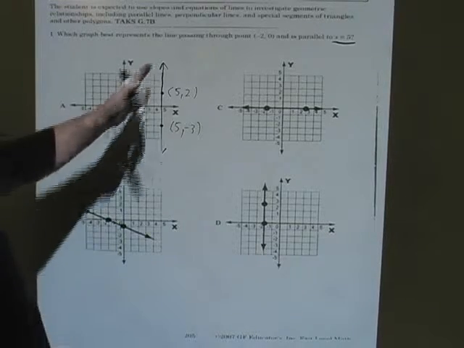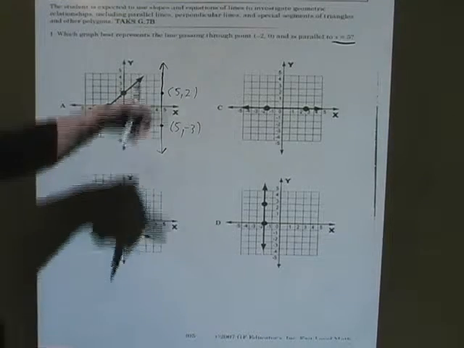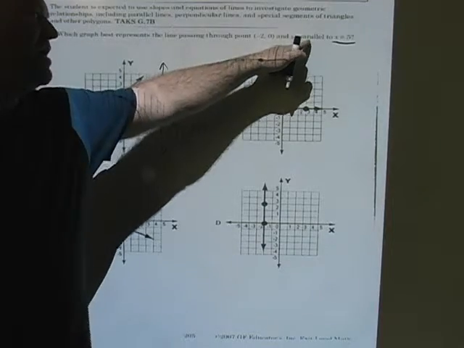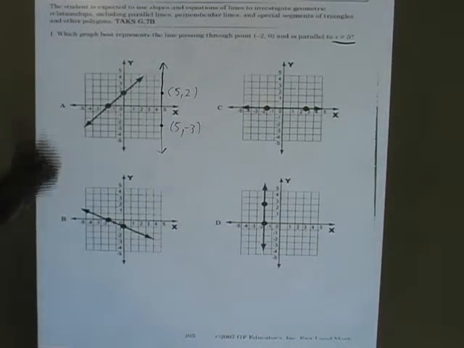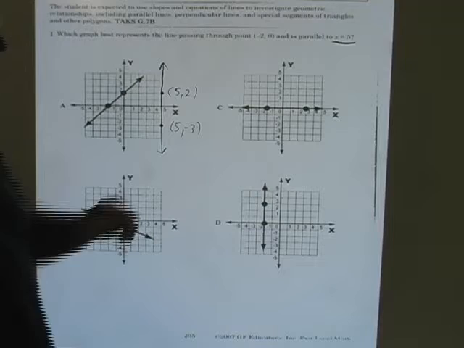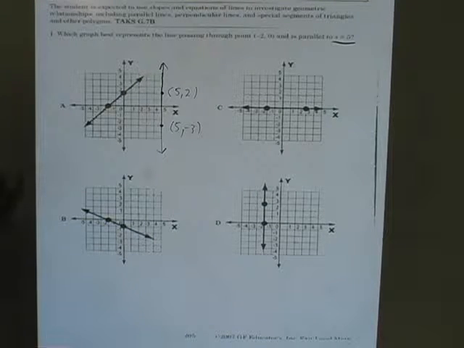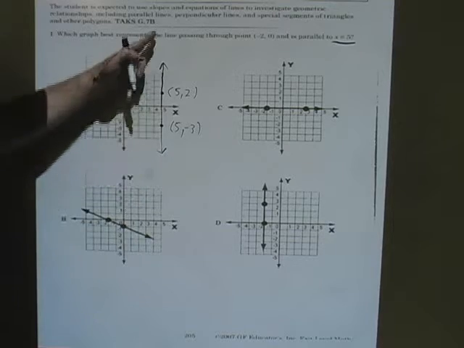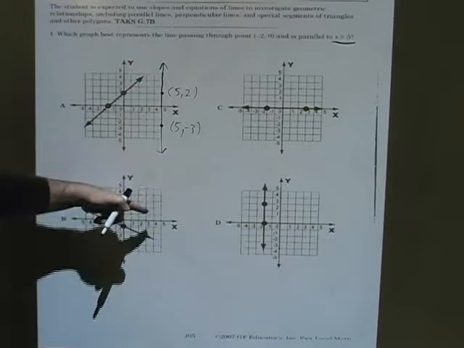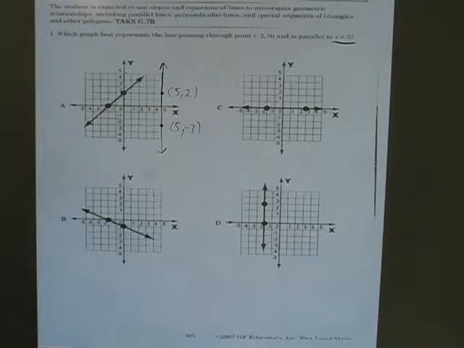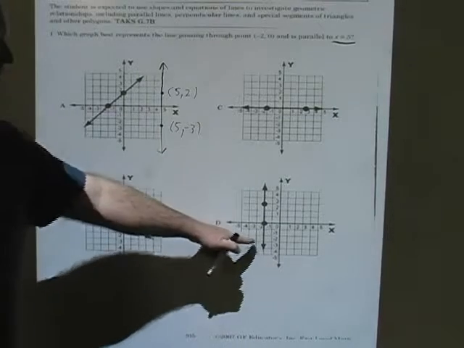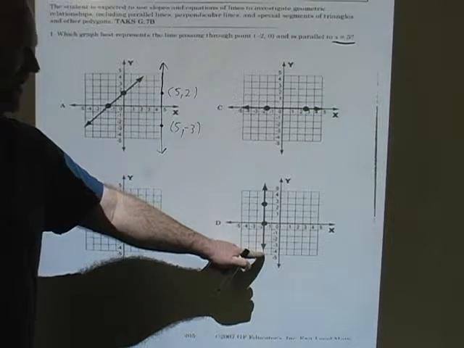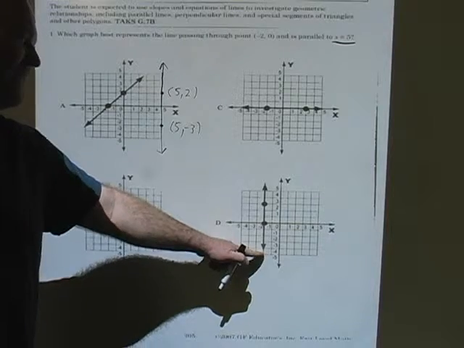So here's the line, x equals 5. We need to find a line that's parallel to this that goes through point -2, 0. Well, it's pretty easy to find a line that's parallel to this, because this is a vertical line. A line that's parallel to it is also going to be a vertical line. So this is going to be the answer. Okay.